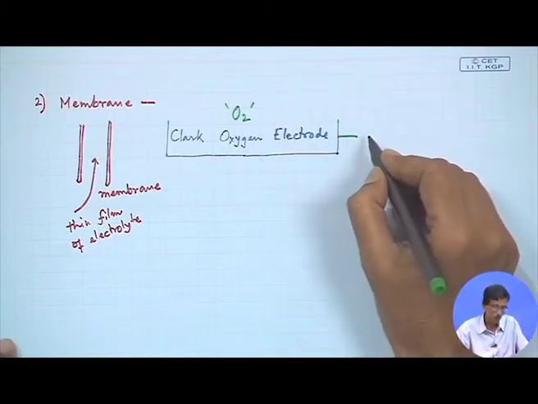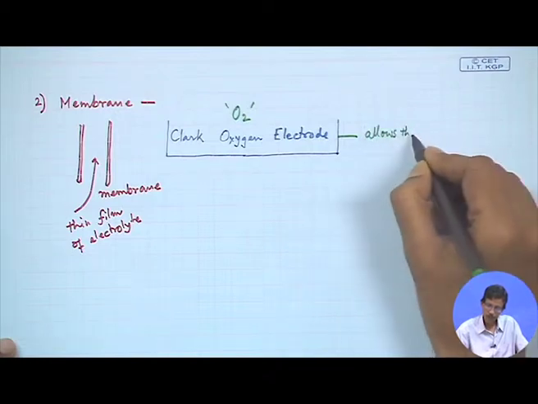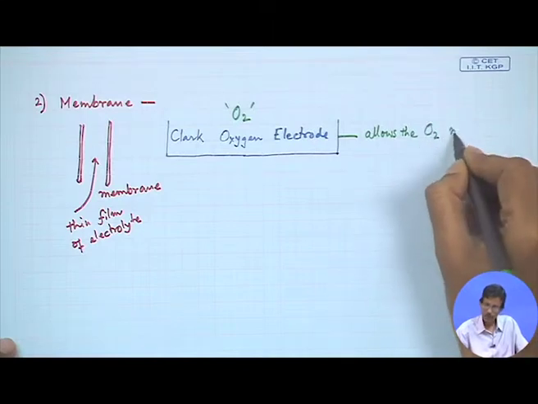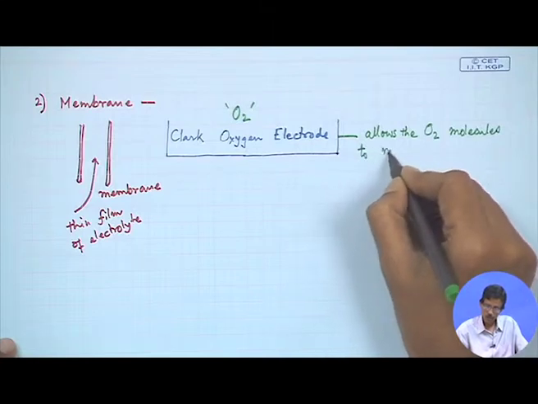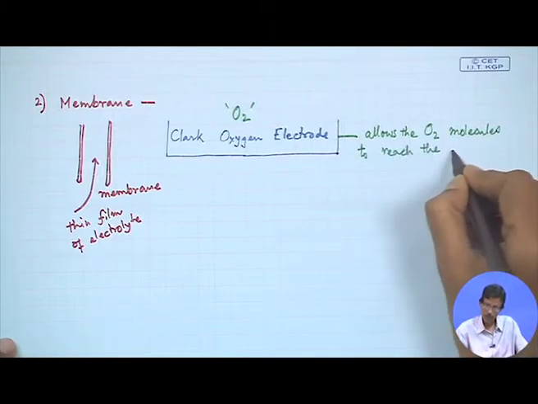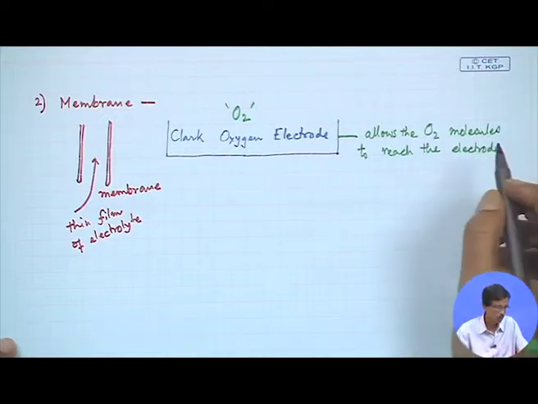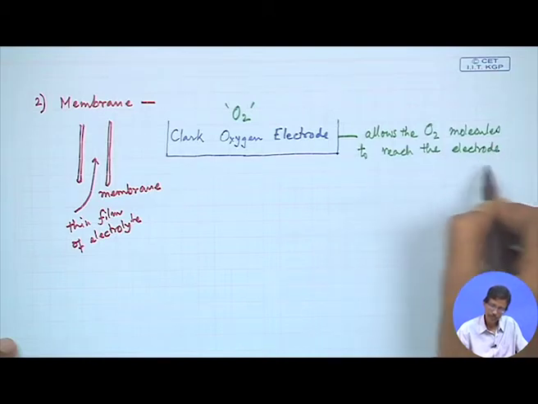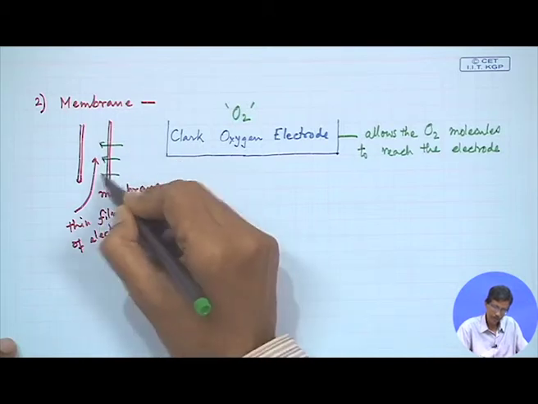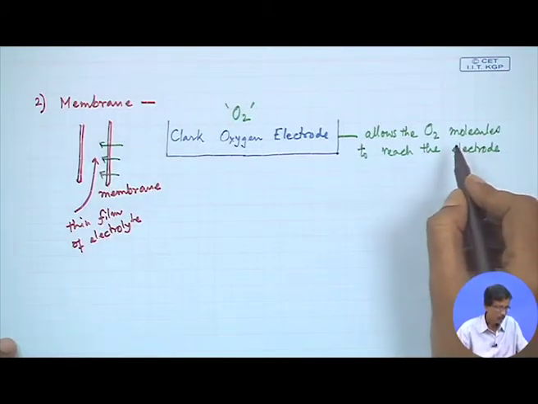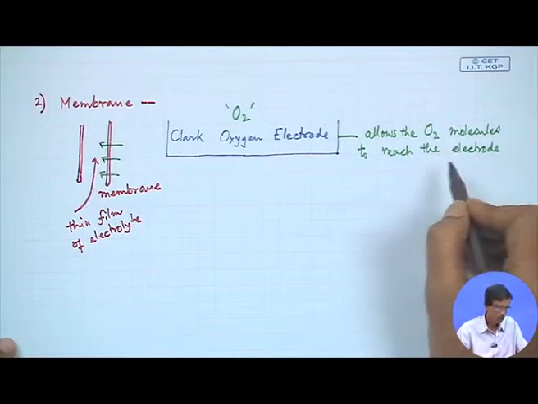It allows the O2 molecules to reach the electrode, to traverse, to pass. That means it can reach the electrode by passing through this membrane.